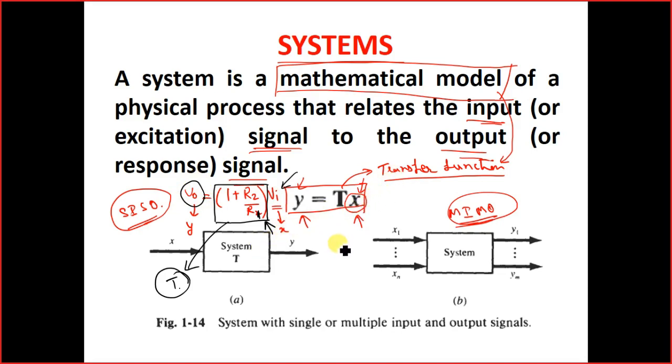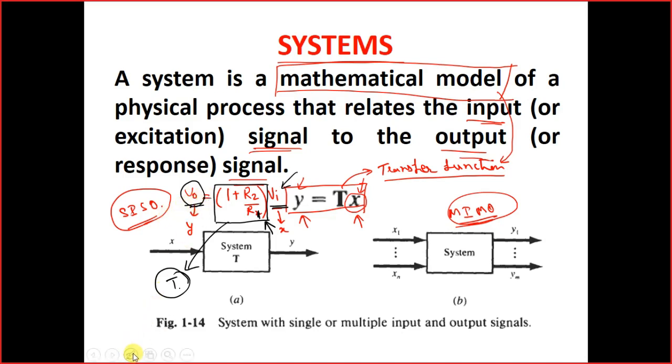Now in this non-inverting amplifier, we have a single input Vin, and we get a single output V0. Hence it is a single input, single output system.